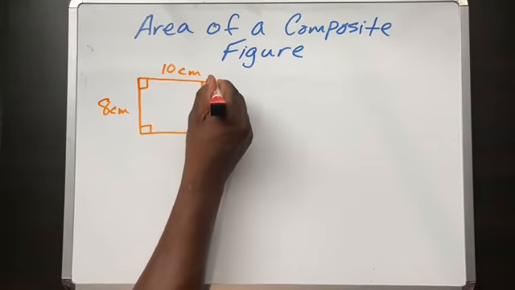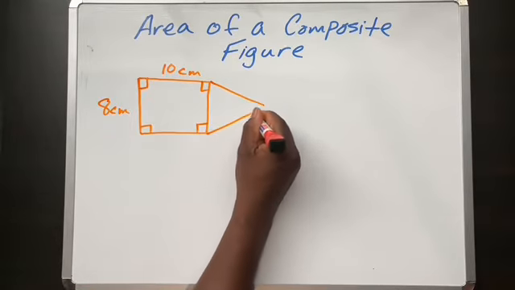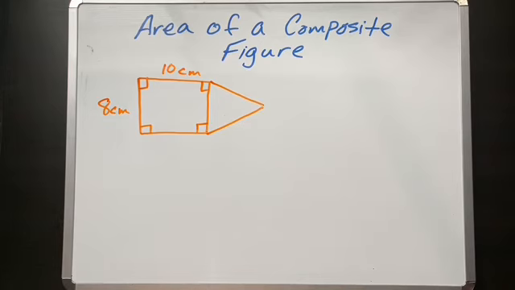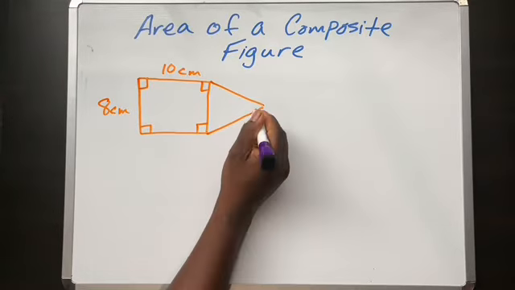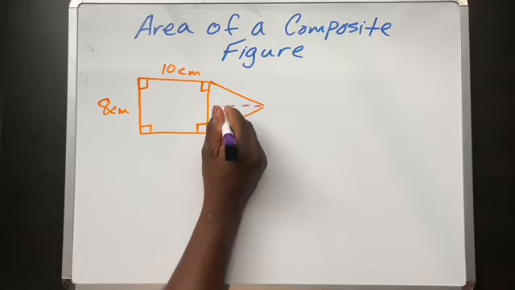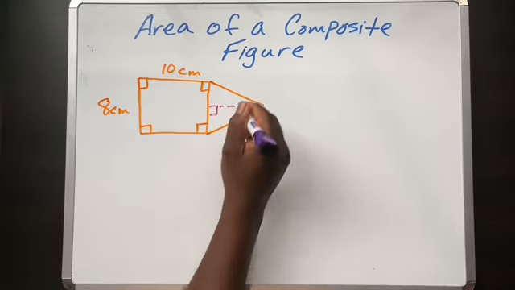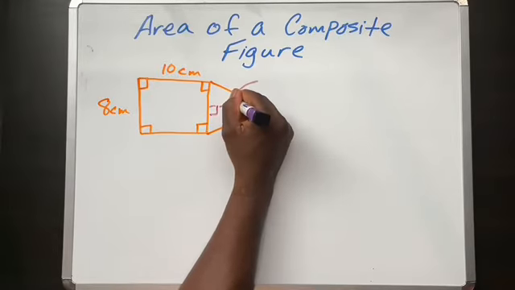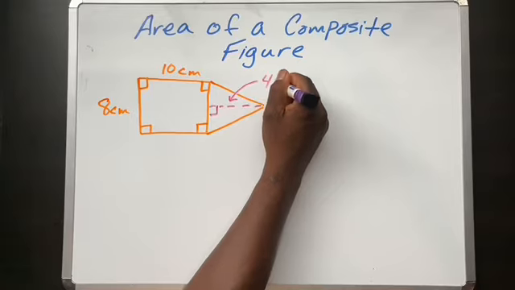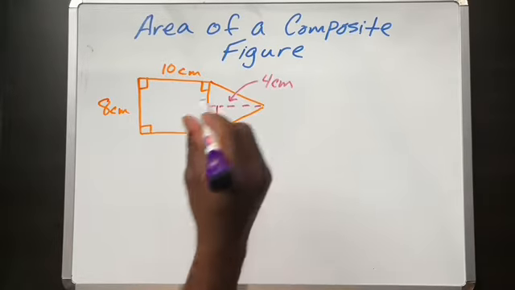And then we're going to add another figure, a triangle here. Okay? Now we're going to add a little more annotation to that triangle. We're going to drop a perpendicular, and we're going to say that the length of this perpendicular is 4 centimeters.